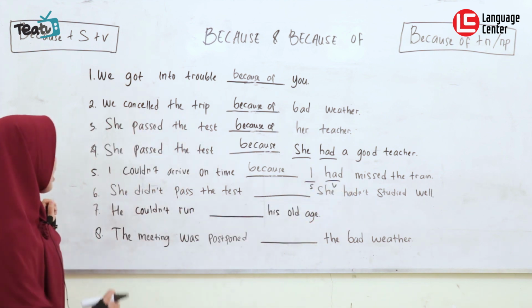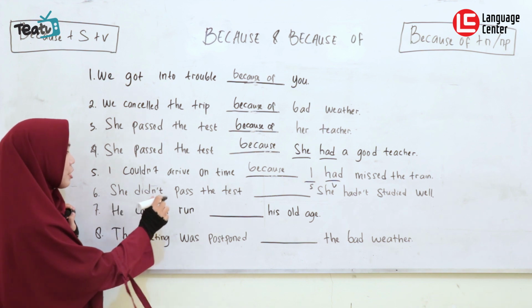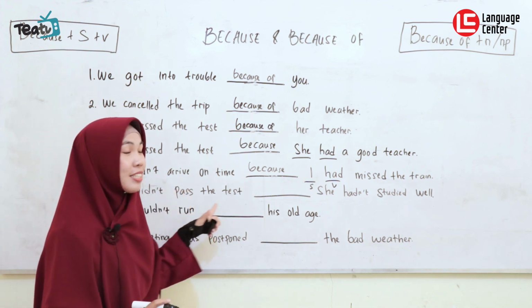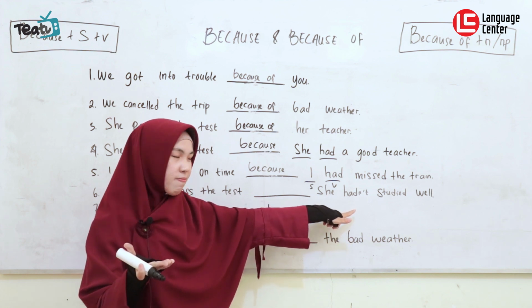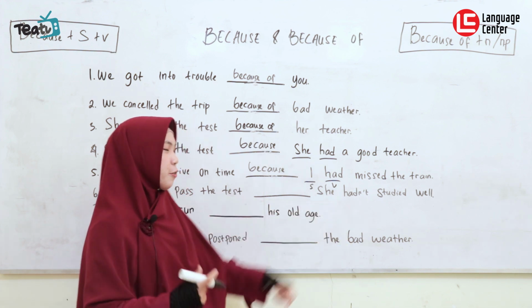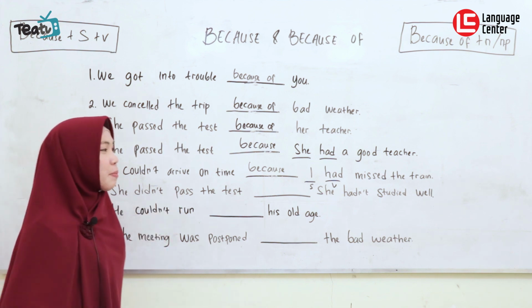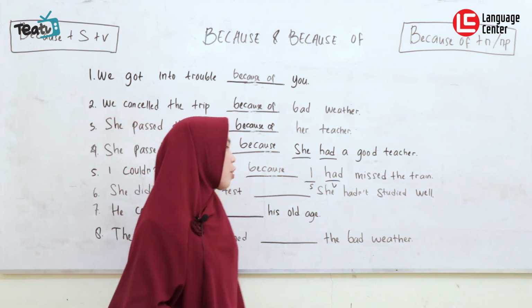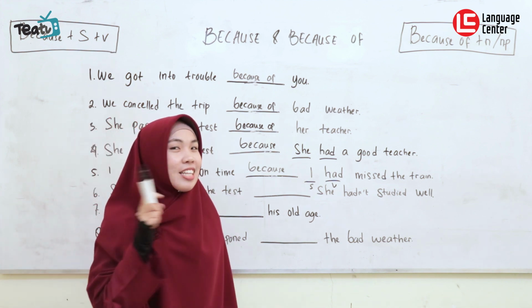Good. Okay, then next, number 6. She didn't pass the test, blank. She had not studied well. Which one is good? Should we put she didn't pass the test because she had not studied well, or she didn't pass the test because of she had not studied well?